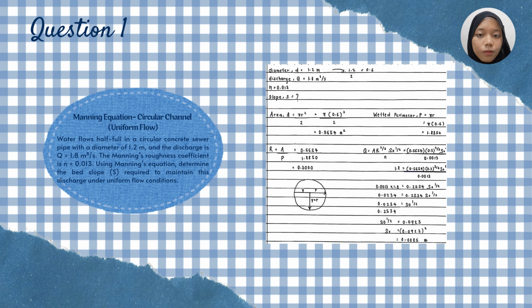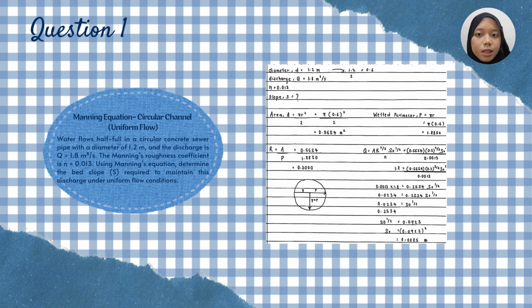Since the pipe is flowing half full, we can find the area of flow using the formula A equals pi r squared over 2. Next, we calculate the wetted perimeter, the formula is P equals pi r.